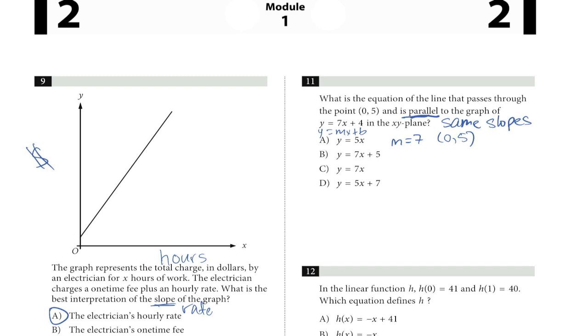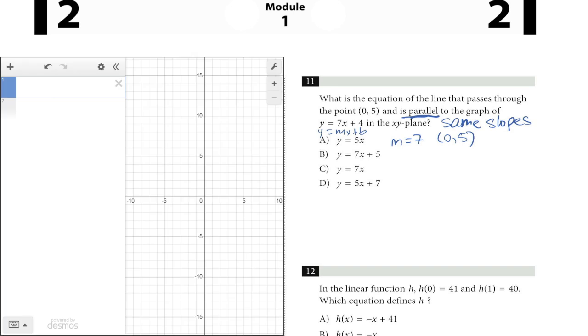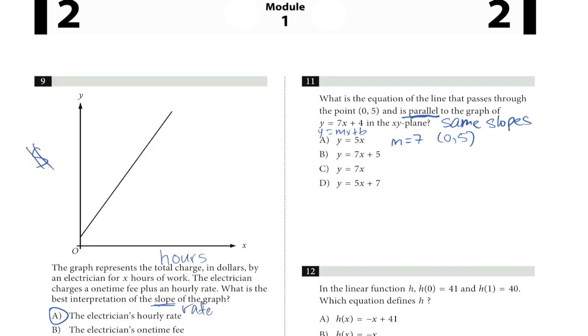Well, I have the opinion that if I'm ever trying to find the equation of a line, I could use Desmos. So in Desmos, what we can do is if you ever have the slope and a point, you can add a table. You can then type in the point. And then if you have the slope and a point, you have to type in this. So you have to do, oops, let's pull this back up.